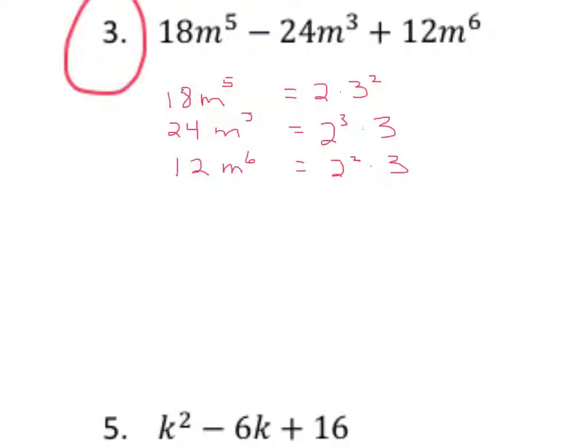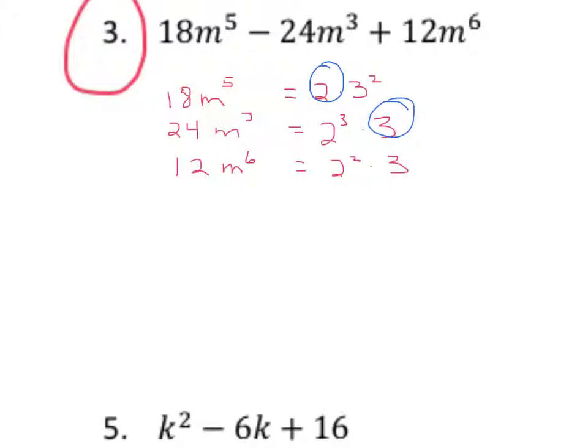So you can use factoring trees to get that far. And then you circle each individual occurrence of the base. In this case, we only have 2's and 3's, and you circle the smallest exponent, and you only circle it once. So in this case, it would be 2 and 3.